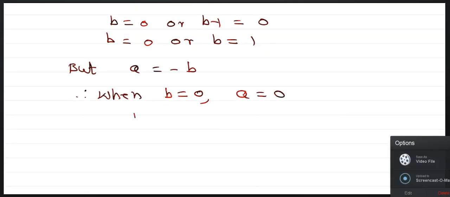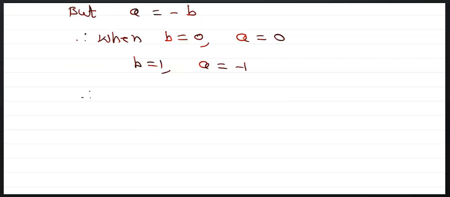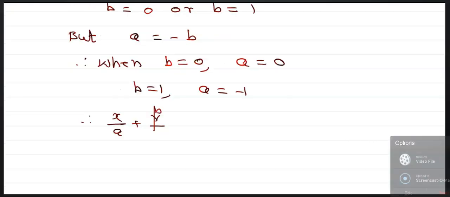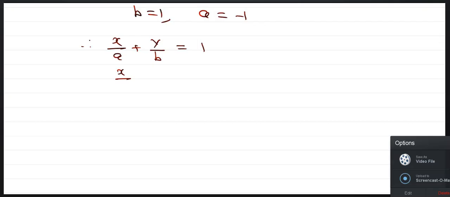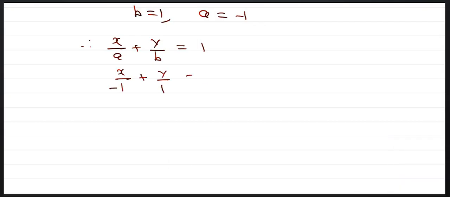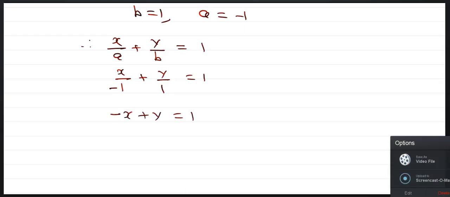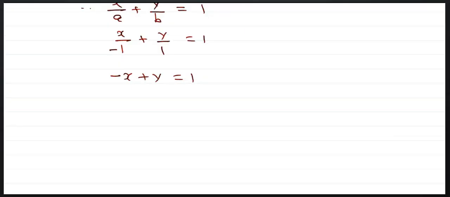Therefore, when b is 0, a is also 0. When b is 1, a is minus 1. x upon minus 1 plus y upon 1 equals 1. Minus x plus y equals 1. Therefore, x minus y plus 1 equals 0.